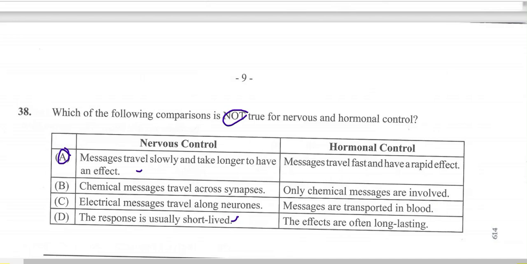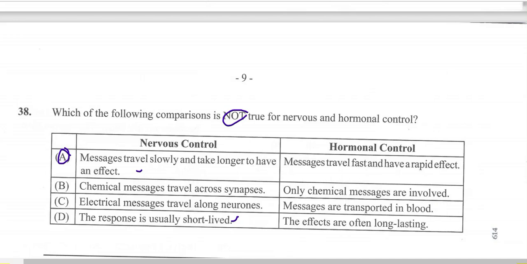Yes, that happens. Electrical messages travel along the nerve. It's not really electric, but it's of course something like electric. The response is usually short-lived. Well, depending on what you consider to be short-lived and what it is doing. But day to day, I can walk, and definitely that is not short-lived. So, however, the answer here is going to be A.